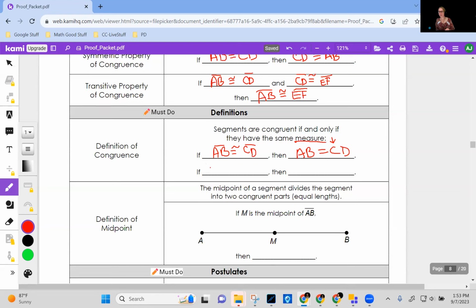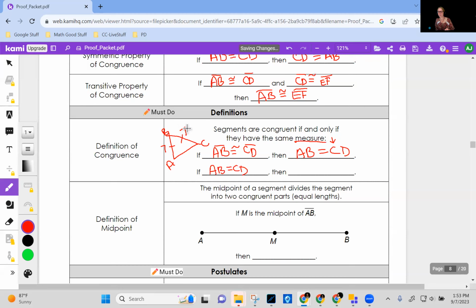Same thing works the other way. We can also say if AB equals CD, those are the measures. So let's say that this is a triangle, and here we have A, B, C. I should have done with more letters, but we could say AB, okay, this line is congruent to BC, or we can say that AB, which is 7, is the same as 7.